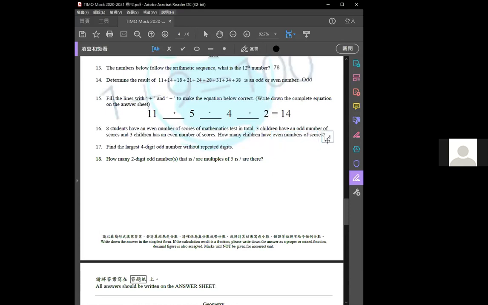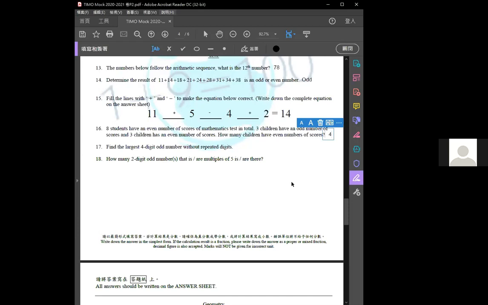Let me write that. When X students have an even number of scores of mathematics tests, in order to make the total scores even, that means we need to have 4 children with even numbers and 4 children with odd. Or in other words, maybe not 4, but maybe 2 is fine.